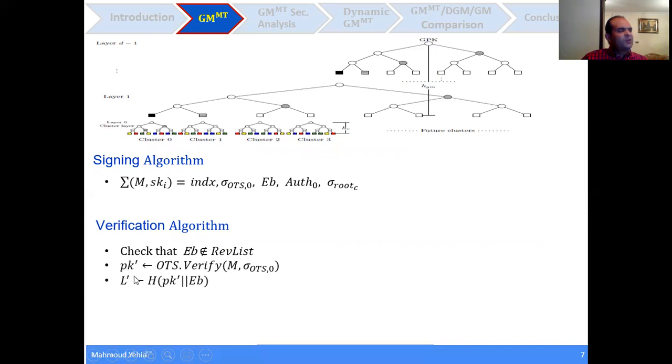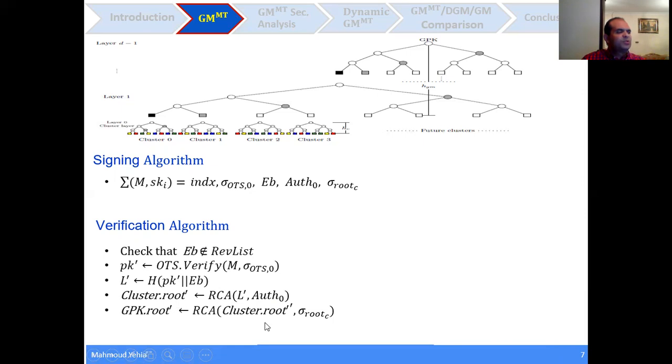The calculated public key is hashed with the encrypted label received in the signature to get the leaf. The calculated leaf with the auth0 in the signature are used by the root calculation algorithm to calculate the cluster root.